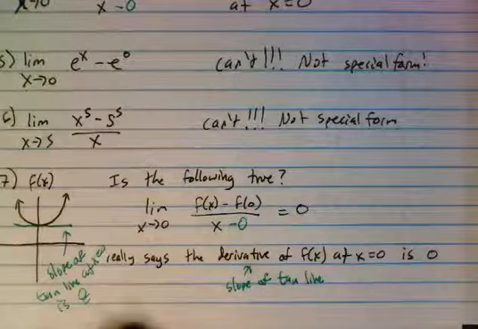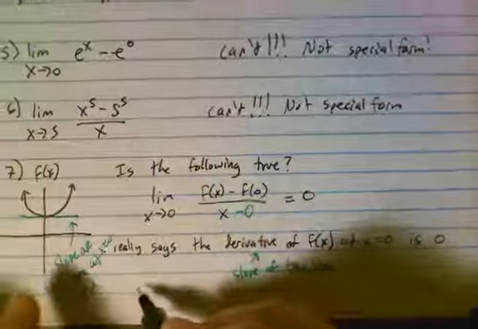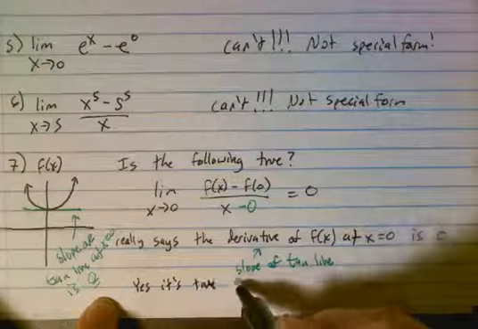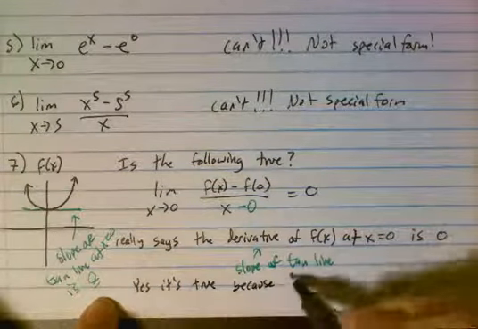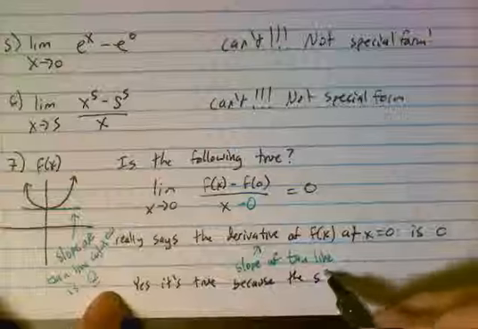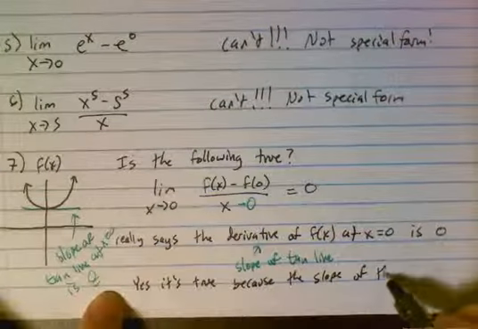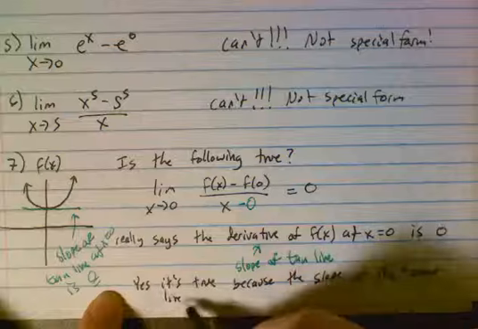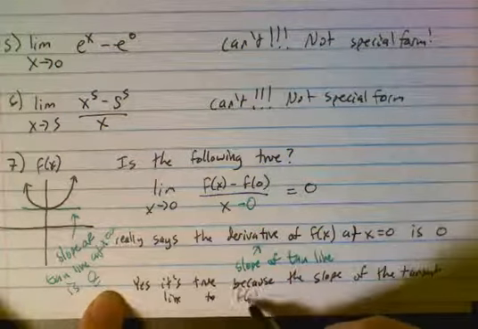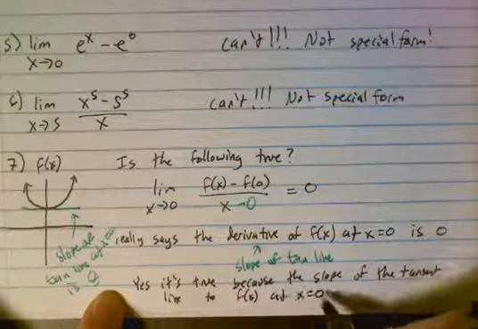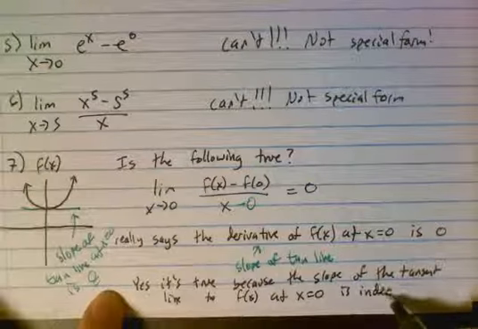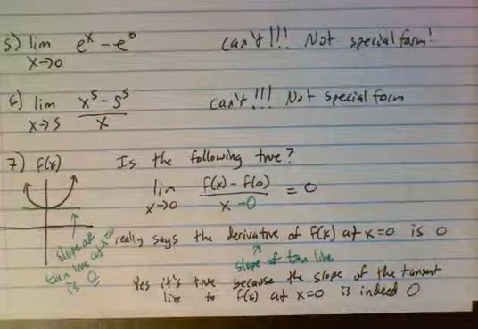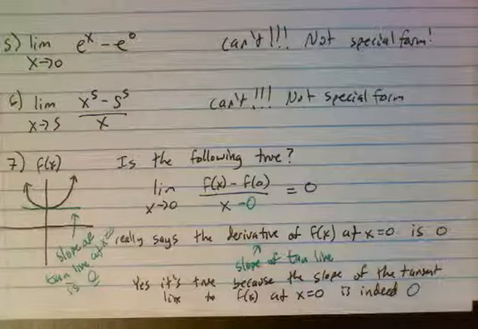So we would say that this is indeed true. It is true because the slope of the tangent line to f of x at x equals 0 is in fact 0.